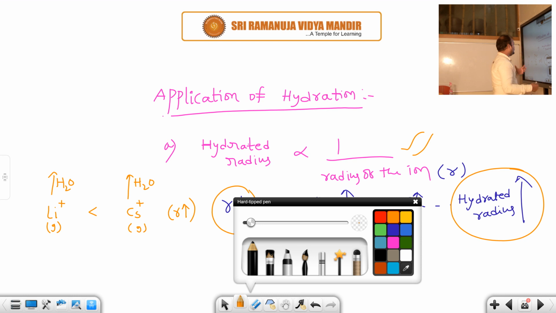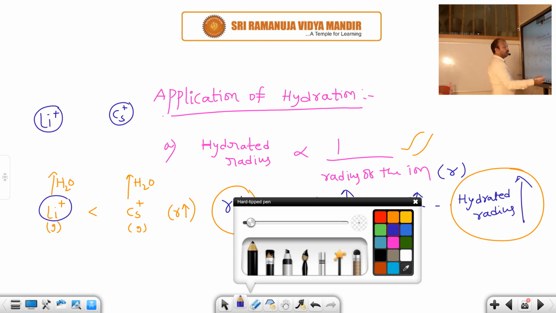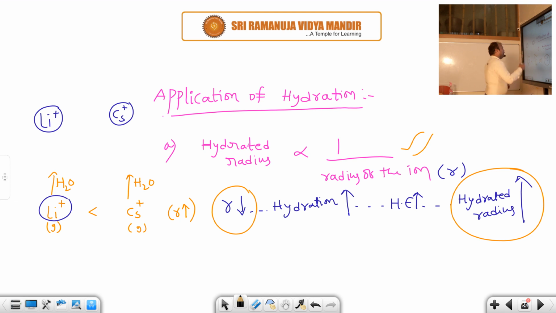This gaseous ion is surrounded by water molecules, so which process takes place? The hydration process takes place. That's why this lithium plus ion is surrounded by water molecules, as well as the Cs plus ion. Have you understood, students, or not? Due to the small size of the cation, ion size decreases and the hydration process increases.